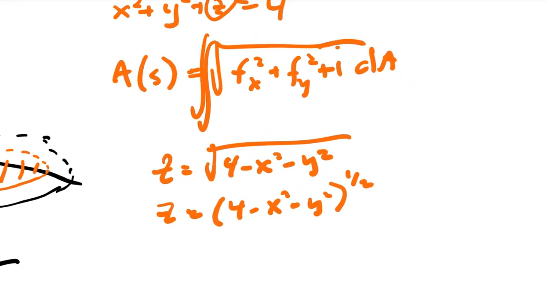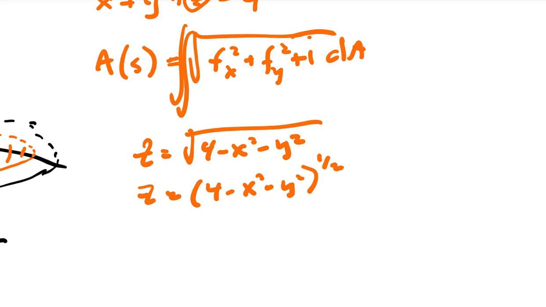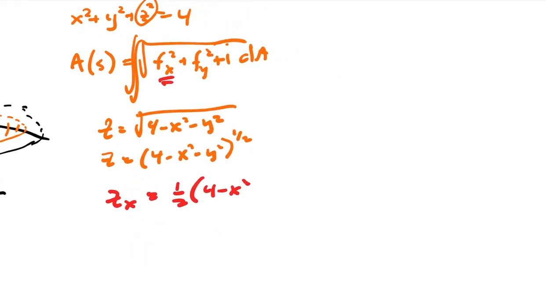So now, whenever I take z sub x, which is just f sub x, okay? So z sub x will be 1/2 times 4 minus x squared minus y squared to the negative 1/2 power times negative 2x, which ends up being, let's see, the 2's cancel right there.